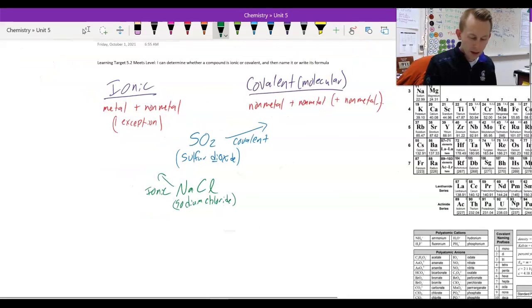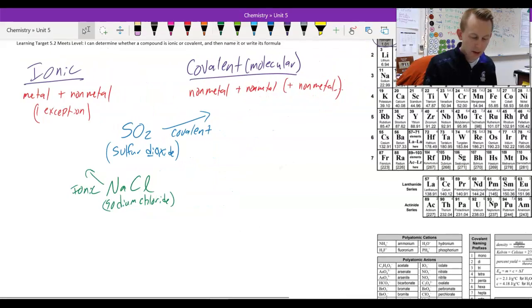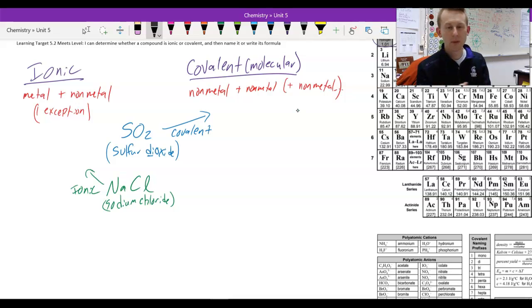When we have these two different kinds of compounds, it's also important to remember how you go about naming them. If it's covalent, the rule for writing the name and figuring out the formula is to use prefixes.